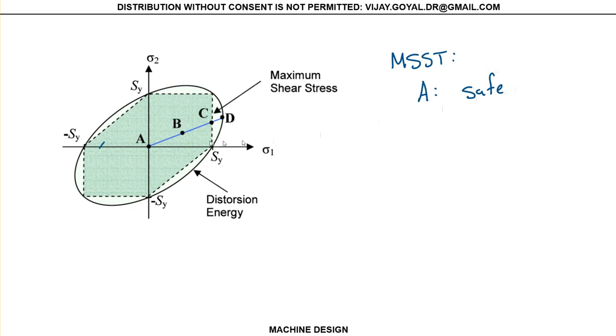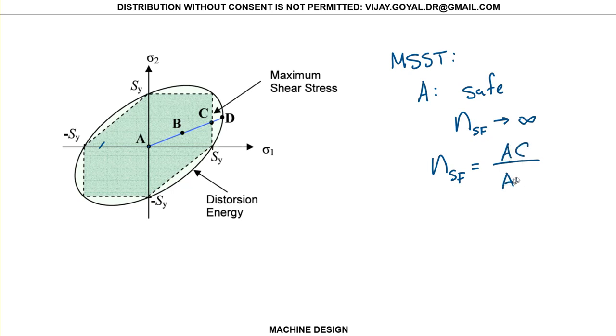The total amount available is actually safe. So this approaches infinity. Why? Your strength available is anything on this line, the loading line, up to C. Okay, this is how much you have available.